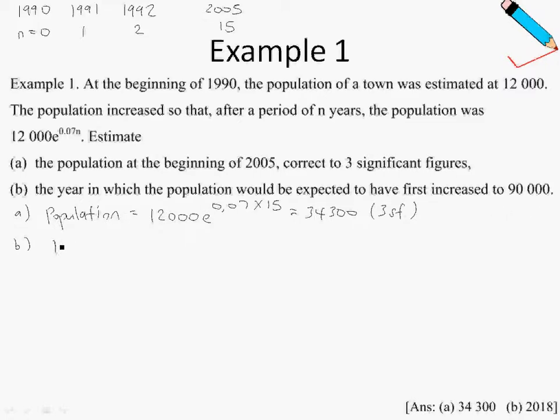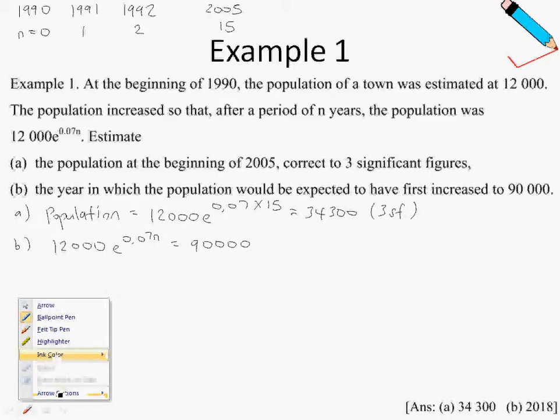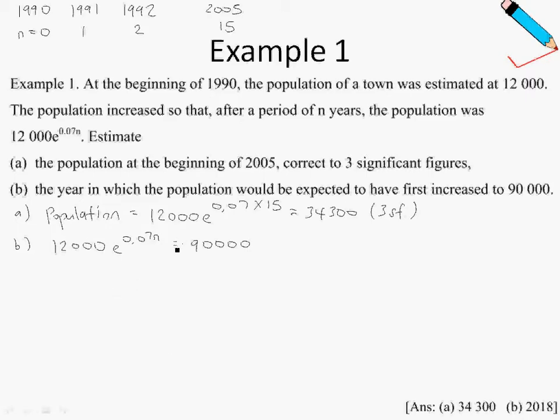So now we want the population function to be equal to 90,000. Wrong, I think I should be using an inequality sign. Why do you think I will be using an inequality sign?